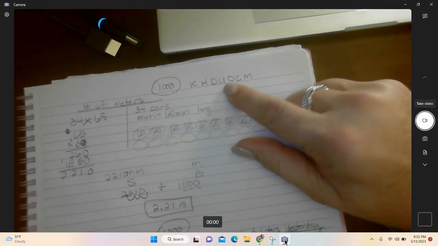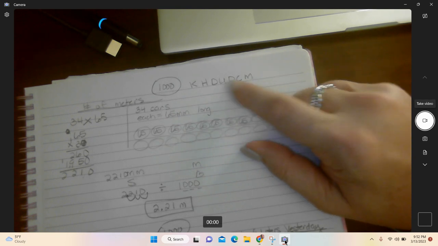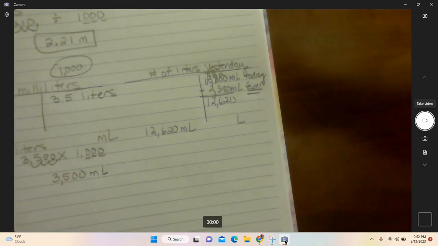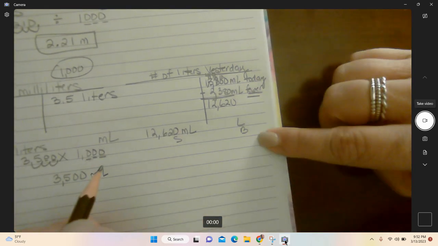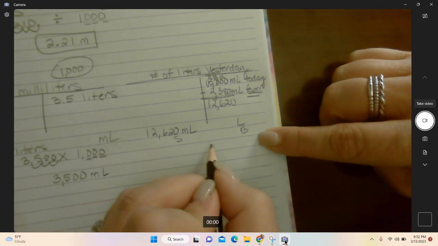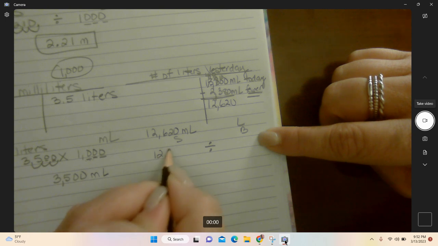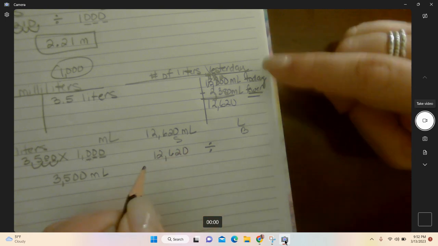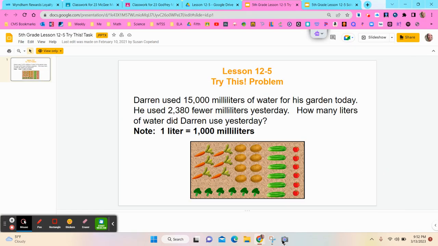So now I know liters is my unit and milli is much smaller. So I know I'm going from small to big. Small to big. BS is times, so small to big is divide. So I'm going to be doing 12,620 divided. Oh, what was my magic number? I forgot to write it down. Magic number is 1,000. See it right there?